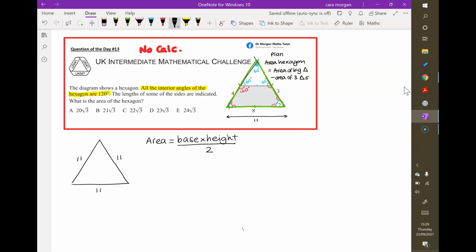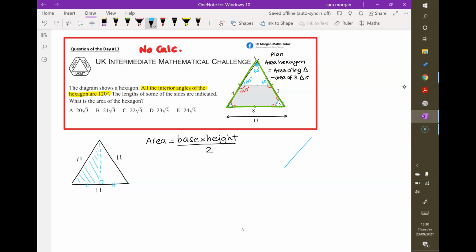The only problem is I need its vertical height, its perpendicular height, which I don't have, but I do notice that it's going to split the base in half. I can see a right angled triangle inside there. So if I look at half of that triangle, because it has a line of symmetry, being an equilateral triangle, I know therefore that it must be divided into 2 congruent triangles that are both right angled.